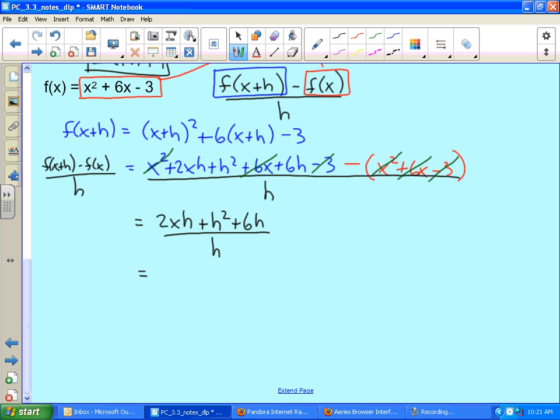Then we factor out the GCF of h from the top. Those cancel each other, and I'm left with my answer of 2x plus h plus 6. Success? Success.